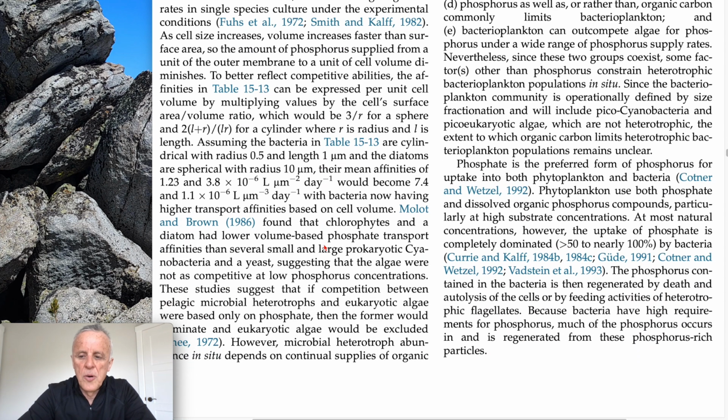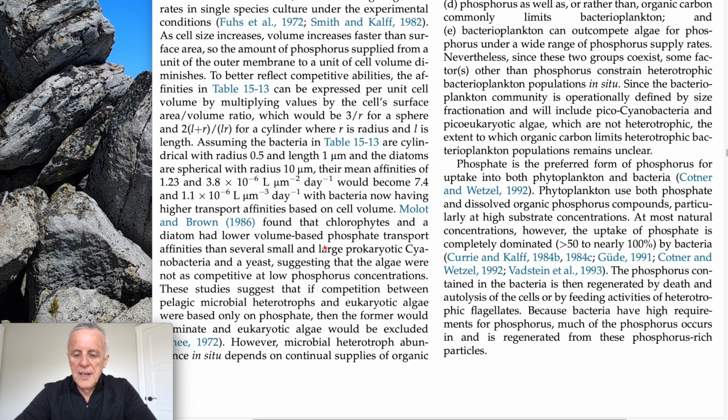Phosphate is the preferred form of phosphorus for uptake into both phytoplankton and bacteria. Phytoplankton use both phosphate and dissolved organic phosphorus compounds, particularly at high substrate concentration. At most natural concentrations, however, the uptake of phosphate is completely dominated by bacteria.